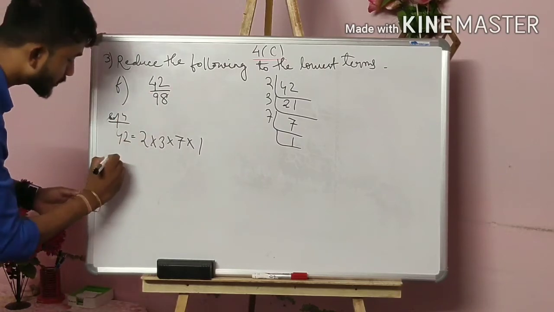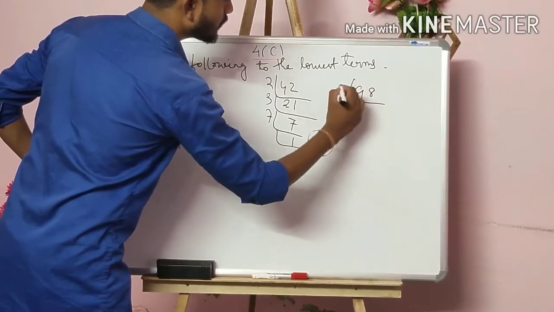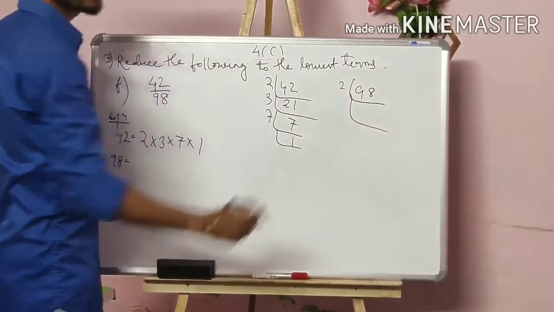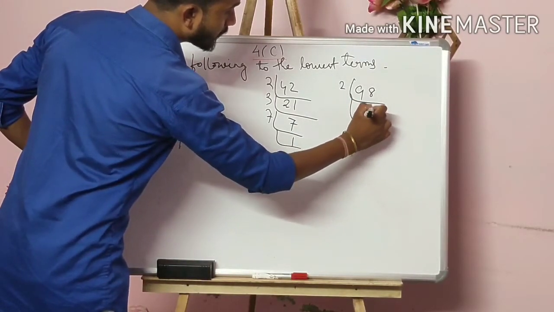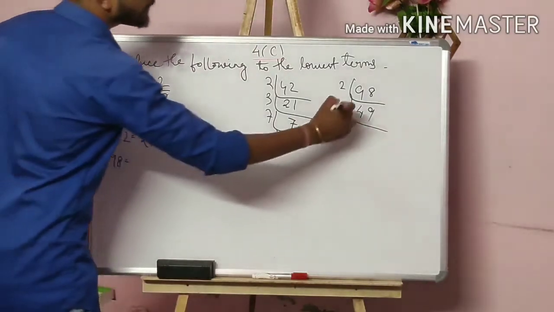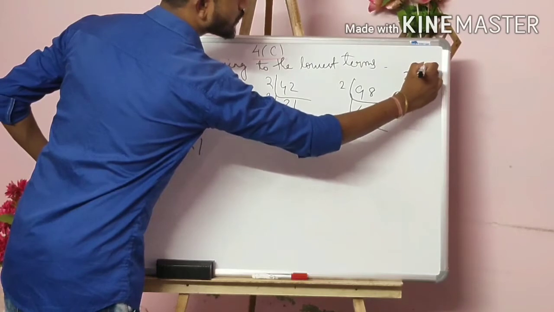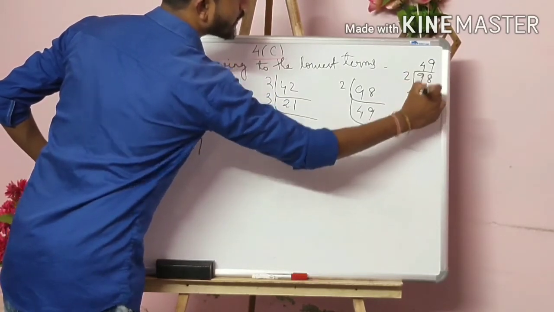Again for 98 you just do. Find for 98. I think 98 will be divided by 2 because in its units place 8 is present. So 2 4s are 8 and 2 9s are 18. Again you can divide it here sidewise. Okay, 2 4s are 8, 9 minus 8, 18 we have got, 2 9s are 18.